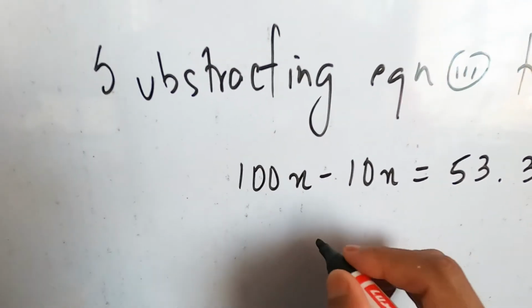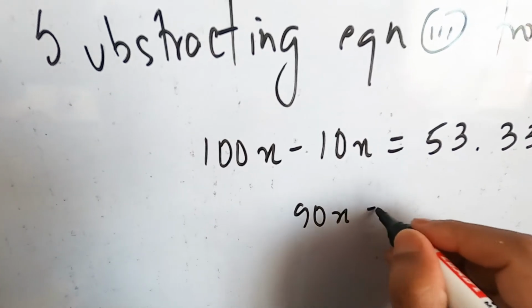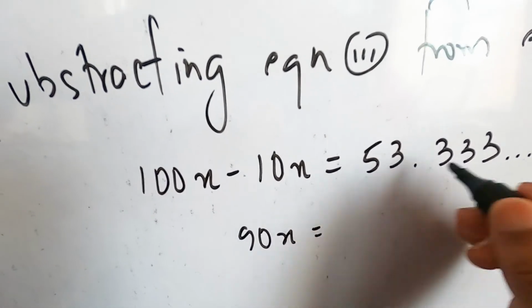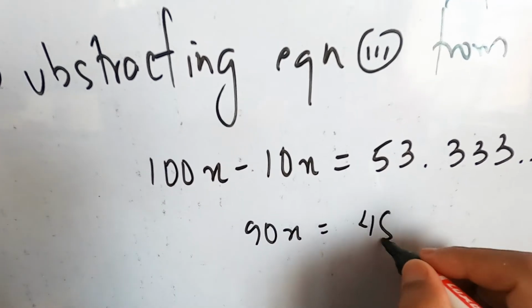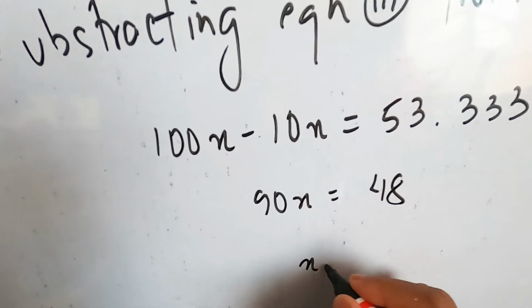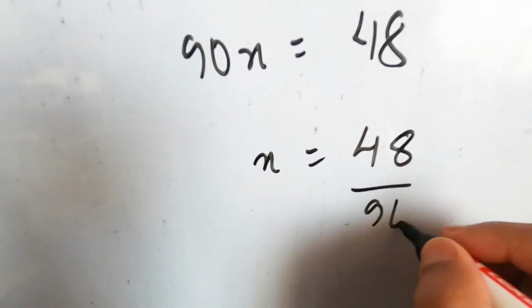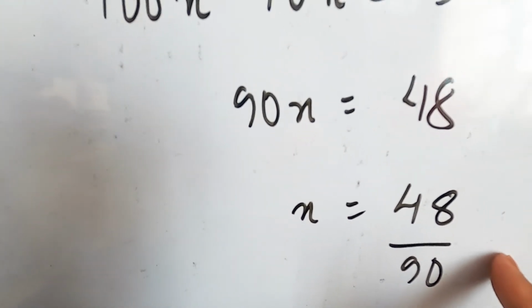So it will be 90x equals 53 minus 5, which is 48. The .33 will cancel, it will be 0. So x is equal to 48 by 90.